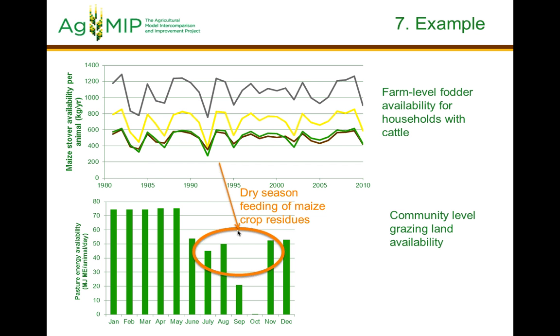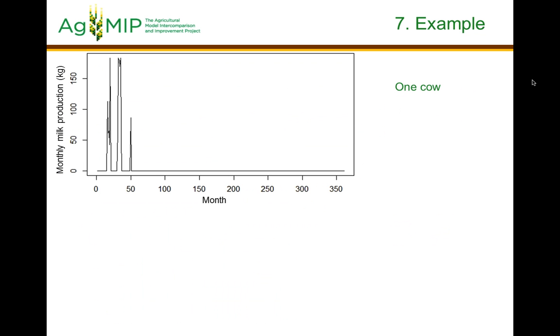That is something that you will have to specify for your particular region, because it depends on the actual feeding practices of the farmers in your region. So here for Zimbabwe, the animals rely on the rangelands in the rainy season, and in the dry season, the maize crop residues start playing an important role.